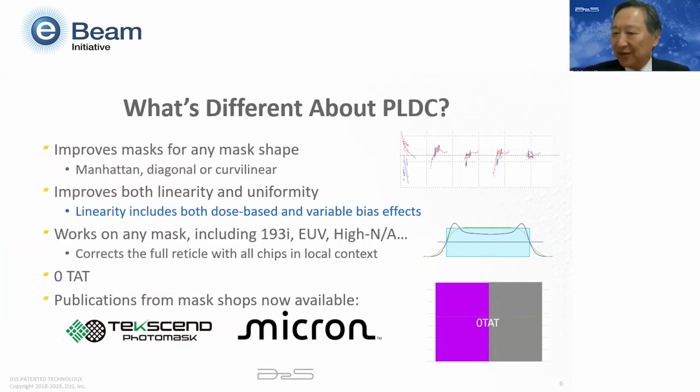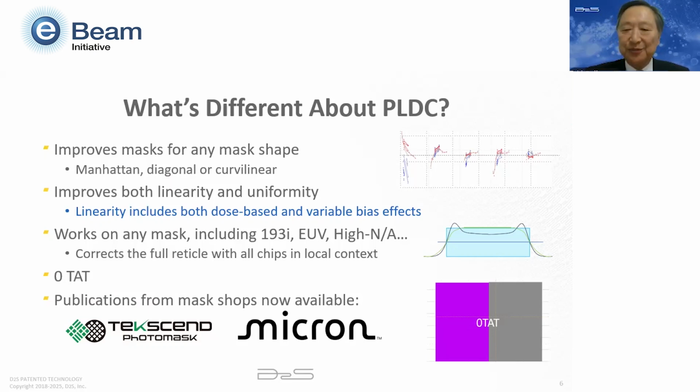It's a fundamental computing difference in how it works, in a similar way to how a multi-beam mask writer writes differently from how VSB wrote the masks. So it doesn't matter what shape you got. PLDC would correct the shape equally well and in the same amount of time.